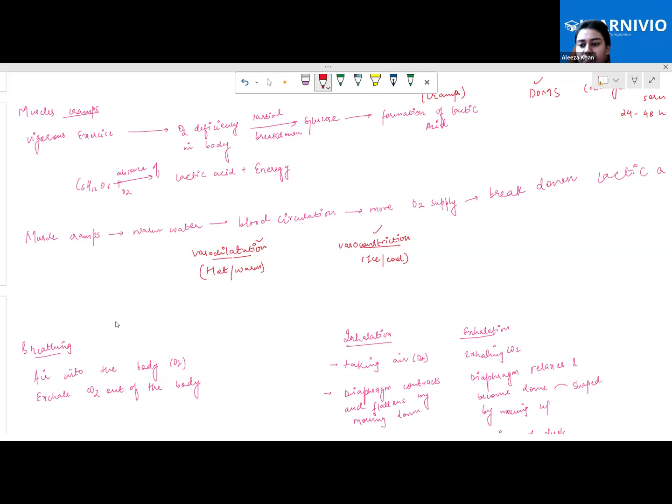If the person has low back pain, we'll use the hot and warm effect. Yes, because there is not only the concept of blood circulation, there is a concept of muscle relaxation also.